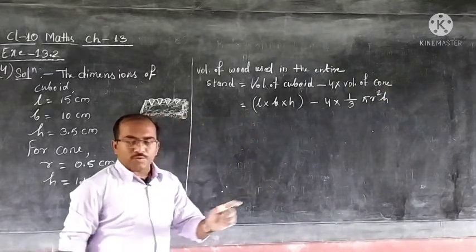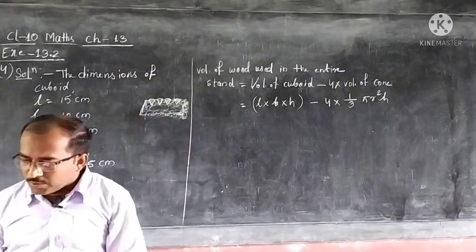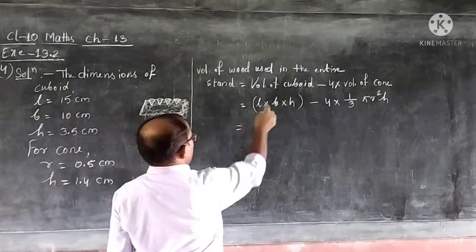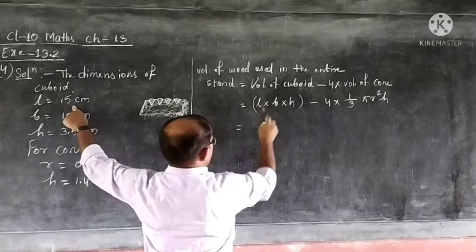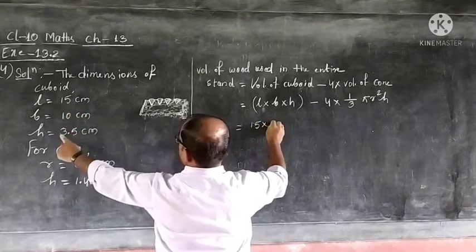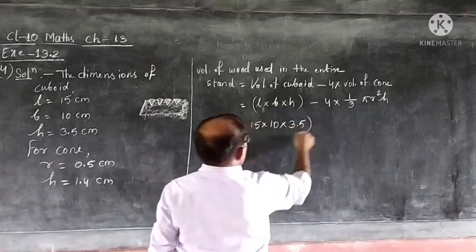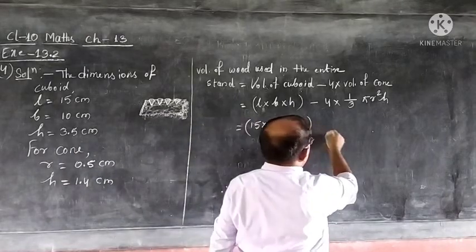We will try to see the question, value of pi is mentioned or not? Not mentioned. So, we will go with 22 by 7, that is all. Length of cuboidal portion 15, breadth 10, height 3.5. So, this is the volume of cuboidal shape.